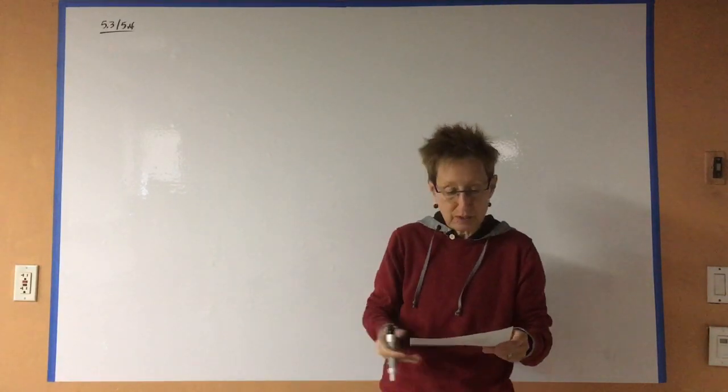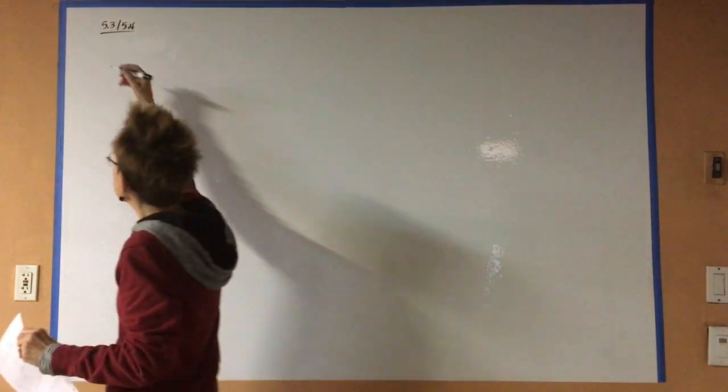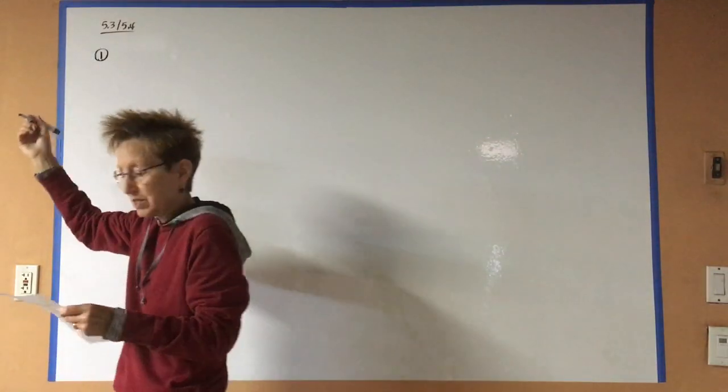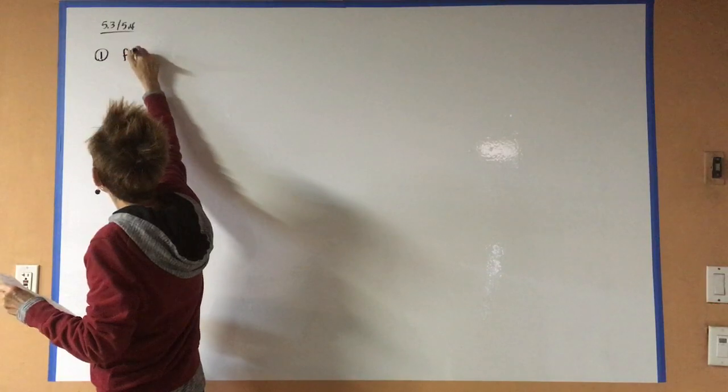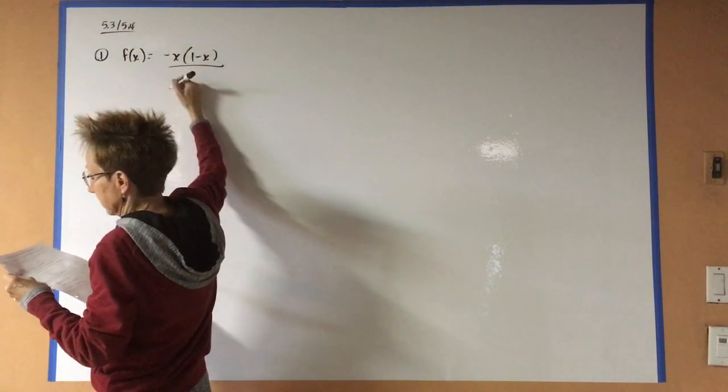So the first thing I did was to remind you of finding domain for rational functions. So these are just sort of review exercises in terms of finding the domain. And that first function looks like this.